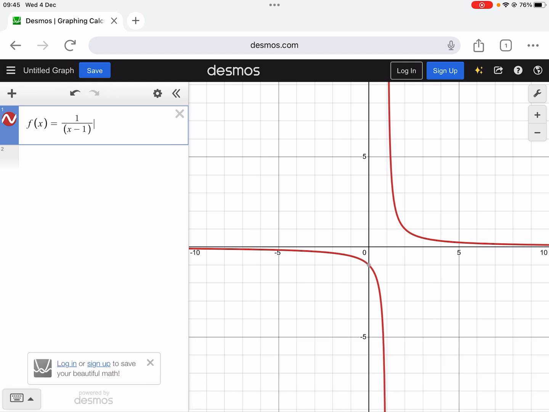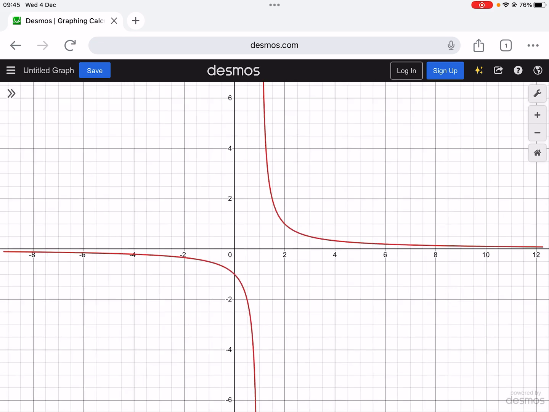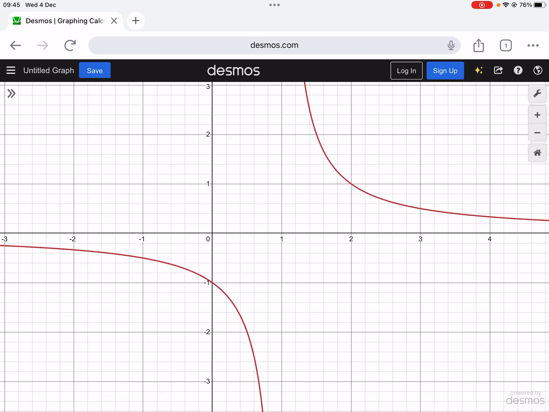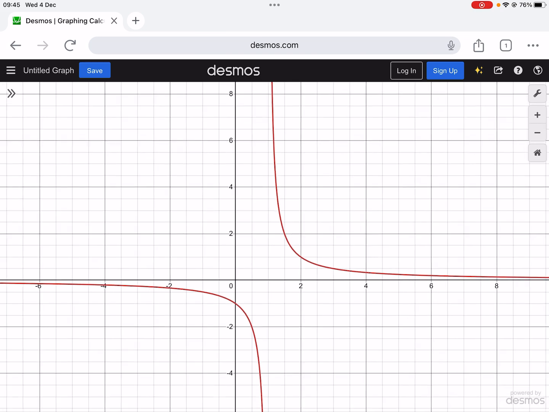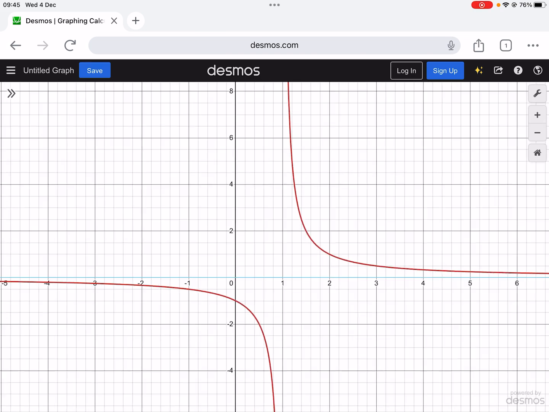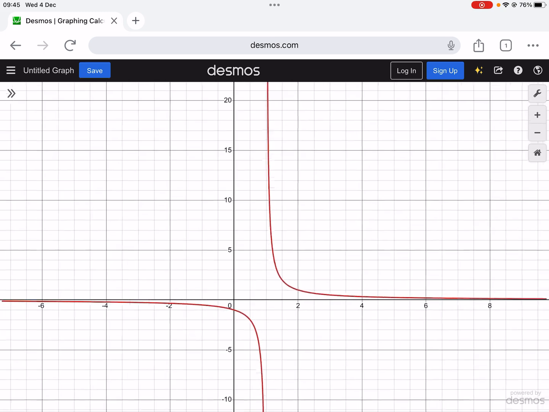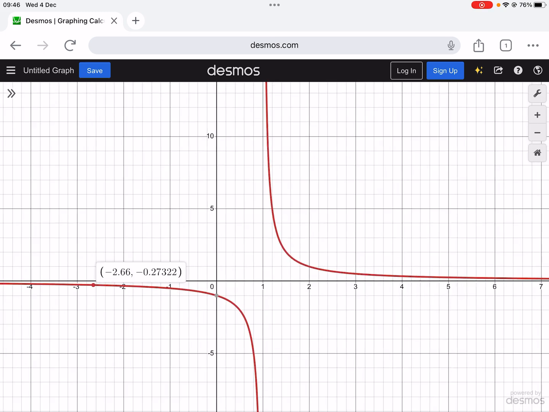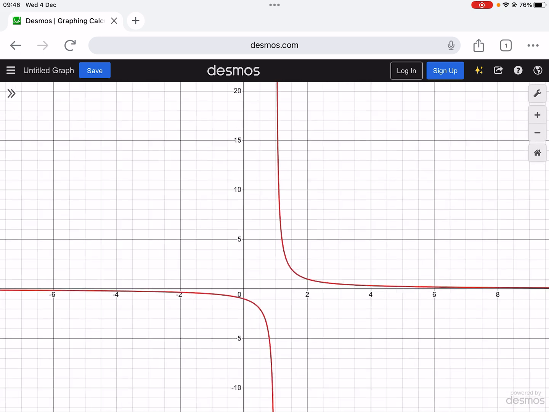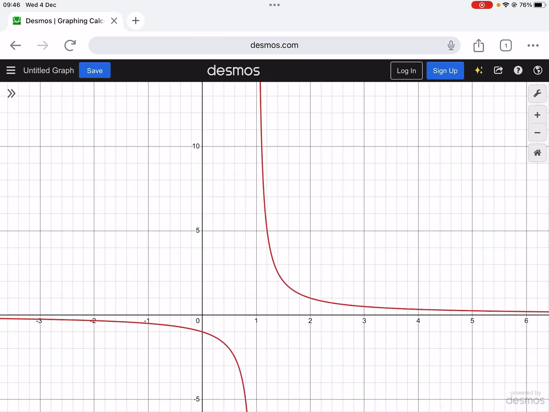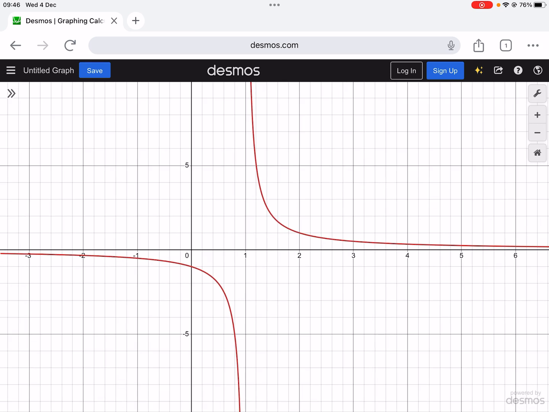And this is the function f of x equals 1 over x minus 1. As you can see, at x equals 1, the function is undefined because it has a vertical asymptote.